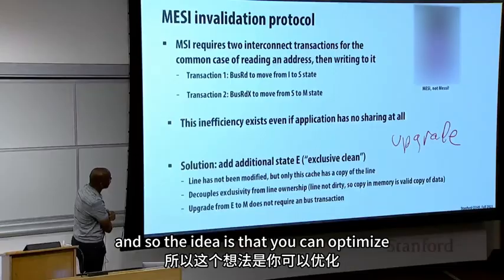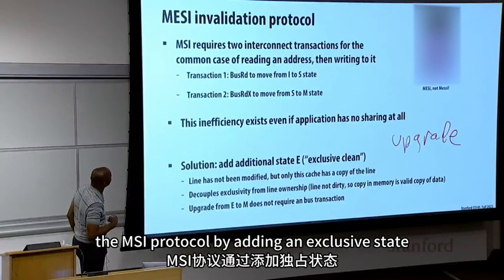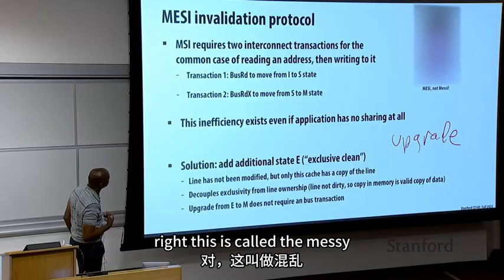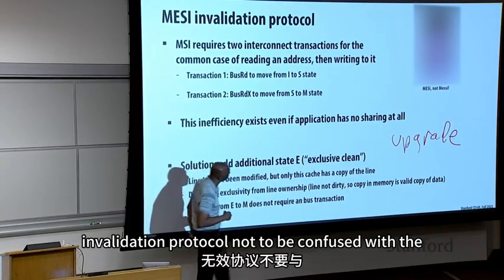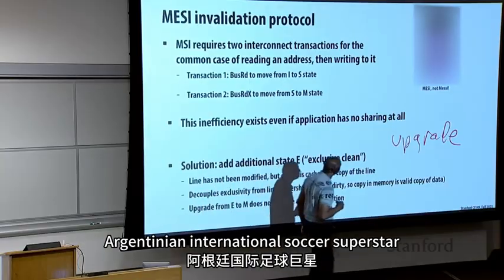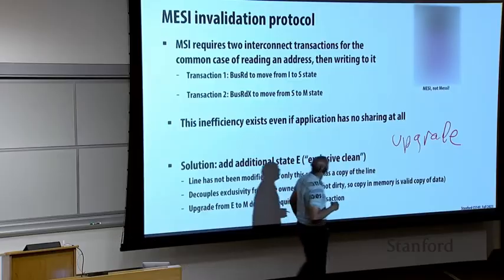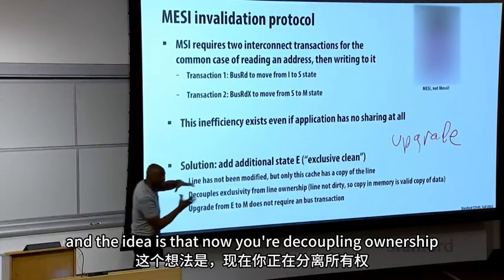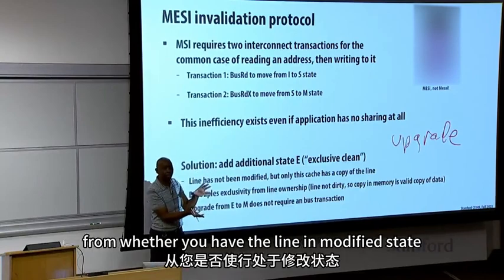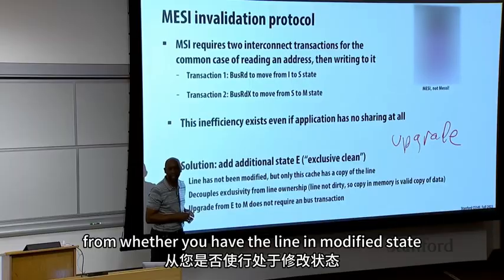And so the idea is that you can optimize the MSI protocol by adding an exclusive state. This is called the MESI invalidation protocol, not to be confused with the Argentinian international soccer superstar. And the idea is that now you're decoupling ownership from whether you have the line in modified state, right?